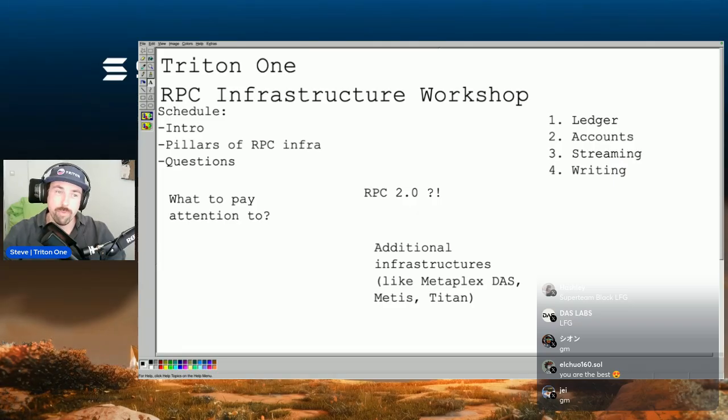So they are not performing any voting or block verification on the blockchain. They just serve data to teams or protocols that require it. So this could be front end traffic, this could be back end traffic. So any interaction with the blockchain generally happens through an RPC node.